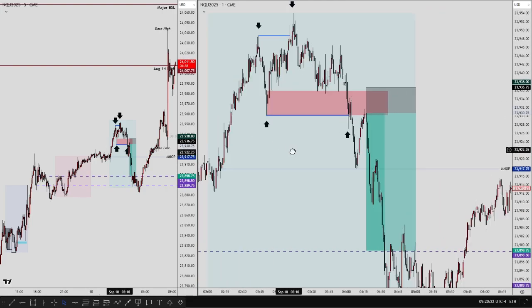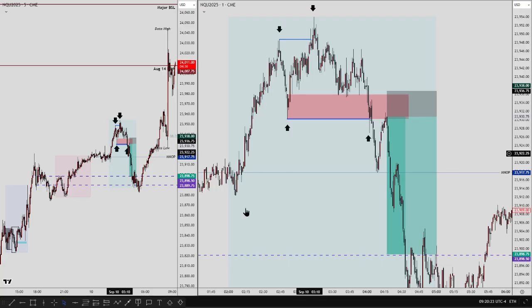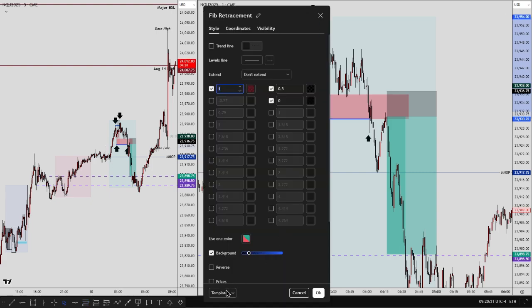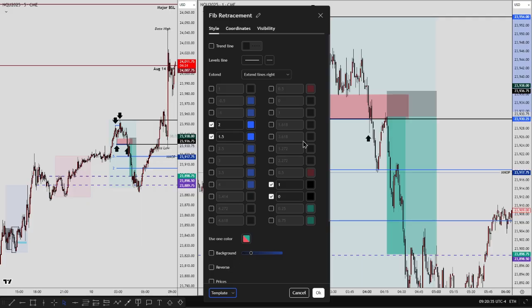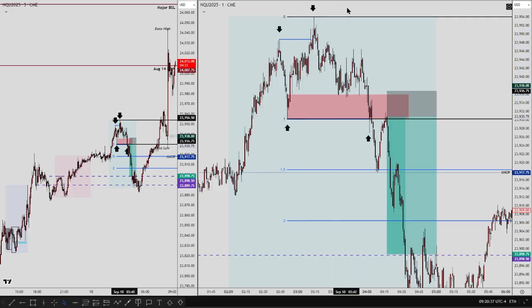Fulcrums are very powerful when combined with breaker blocks. So you could use from there to there. And generally we use one standard deviation away from that fulcrum, so it'll be here.